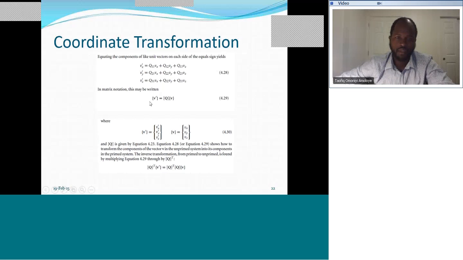So in matrix form, we can write V prime as a column matrix, and then noting that Q is just Q11, Q12, Q13, a 3 by 3 matrix, and V is just Vx, Vy, Vz, a column matrix, we can express equation 4.28 in matrix notation, which is equation 4.29.